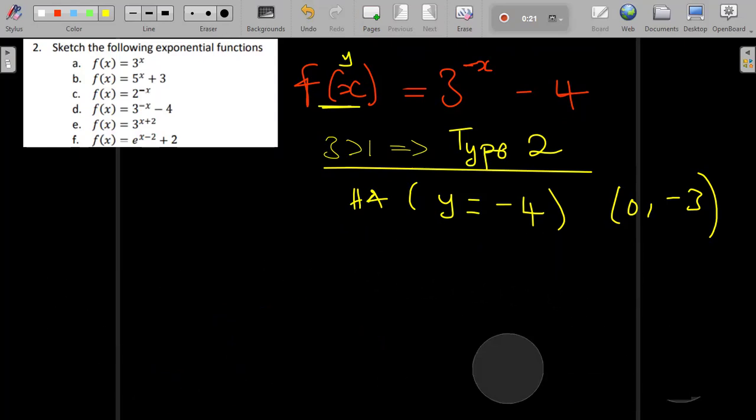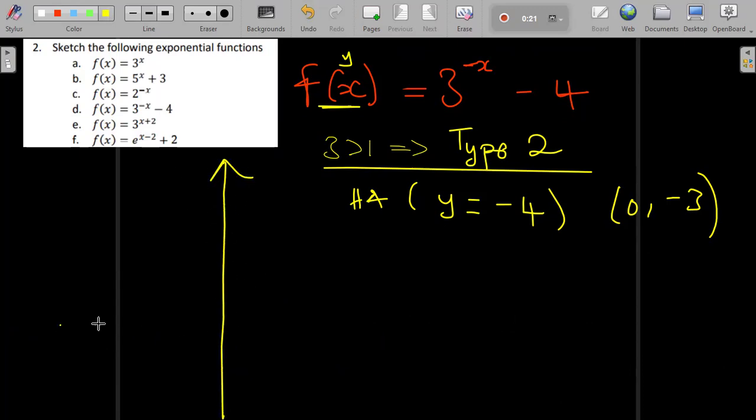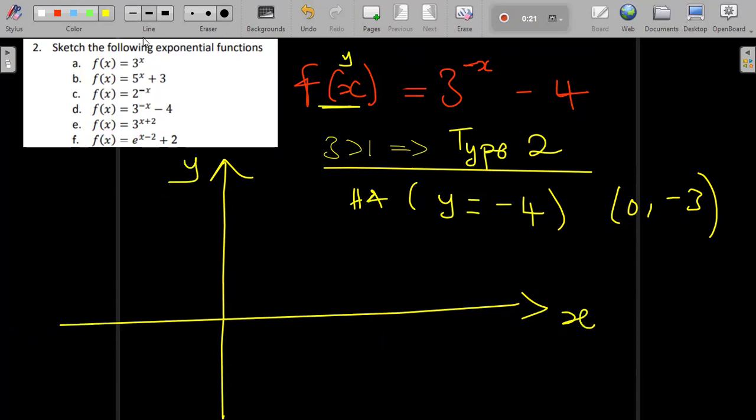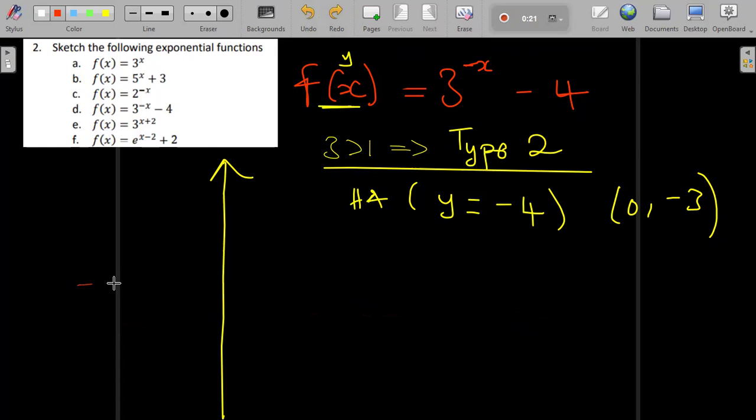So we have the horizontal asymptote and the y-intercept. Let me sketch this. This is x, then this is y. Let's plot some points. I wish I had raised this x-axis, so let's put the x-axis somewhere there. This is 0, 1, 2, whatever.